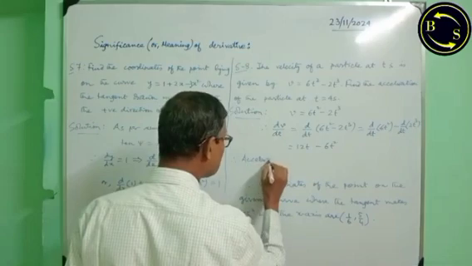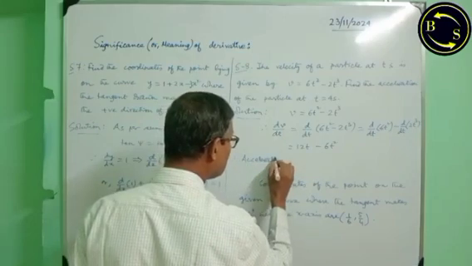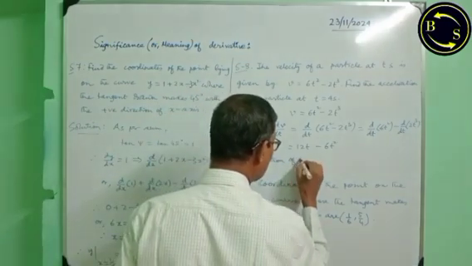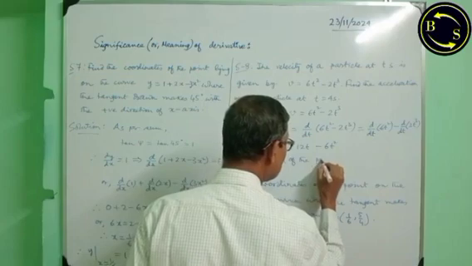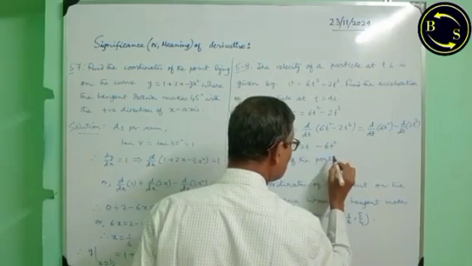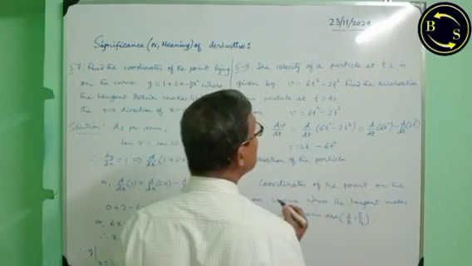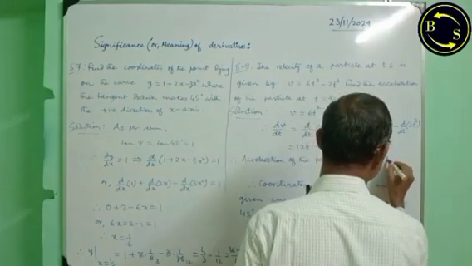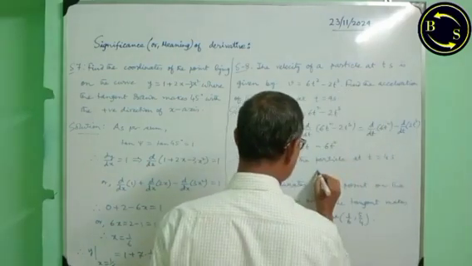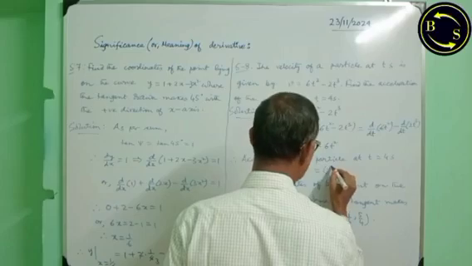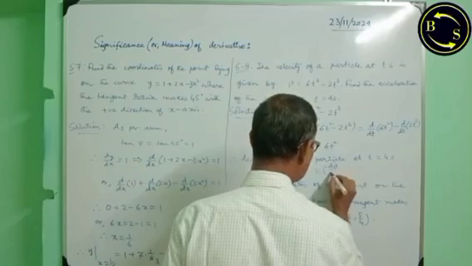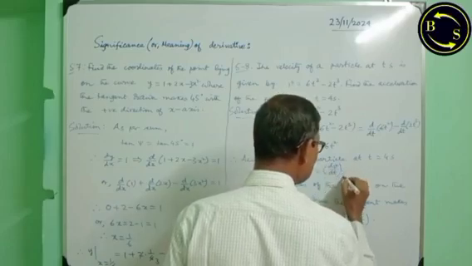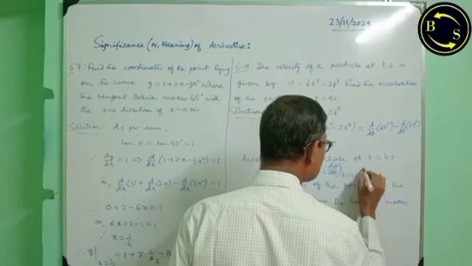Therefore, the acceleration of the particle at t equal to 4 seconds is equal to dv/dt at t equal to 4.